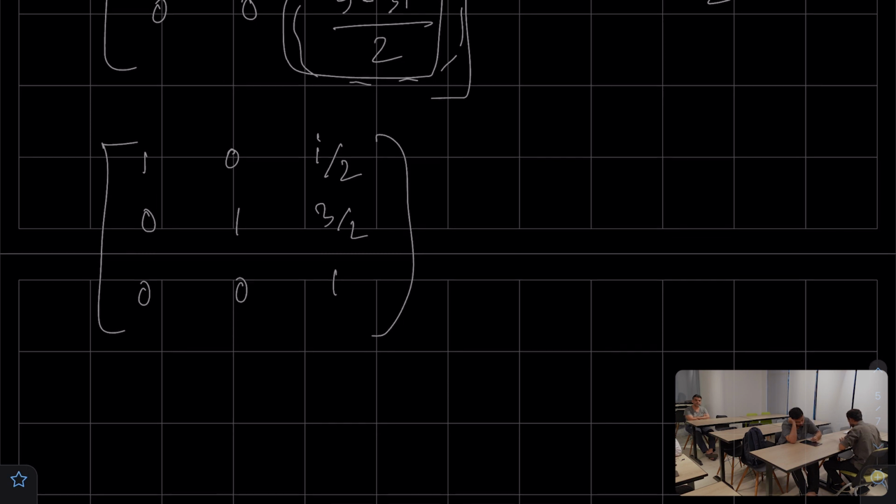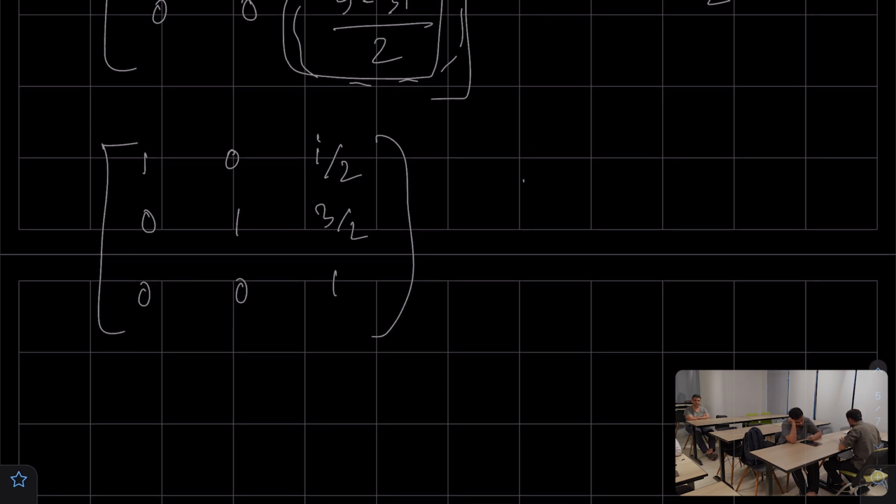And the operation was 9 minus 3I over 2 inverse with R3 equals R3 prime, right?